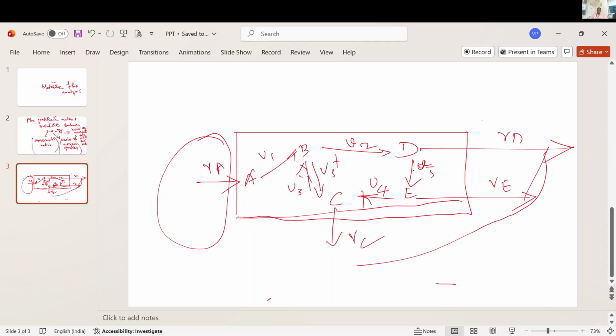That means we can write RA is equal to RD plus RC plus RE. These are the products which are going to be obtained.